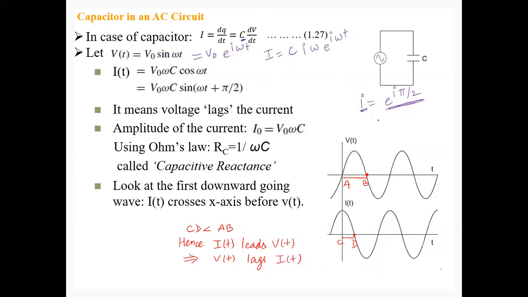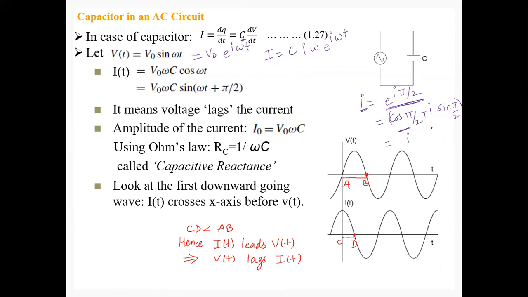Really? Let's see. Let's expand this guy in terms of, help me here, cosine pi over 2 plus i sine pi over 2. So what do you get here? What is your cosine pi over 2? 0.